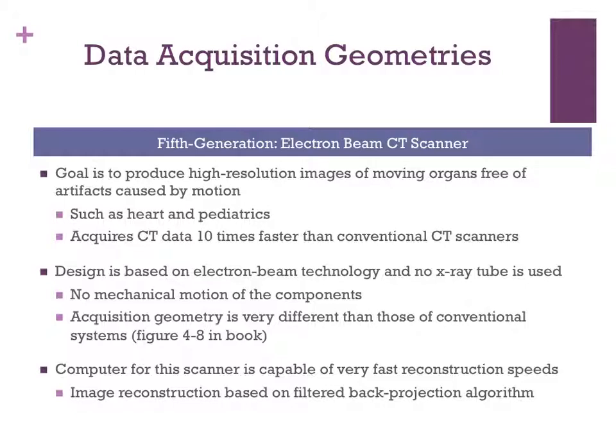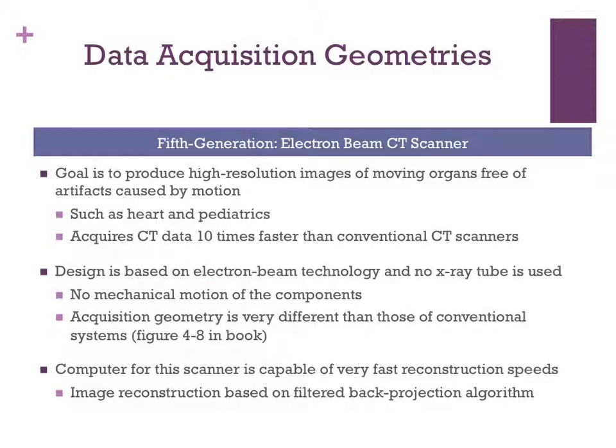This type of scanner actually acquires CT data 10 times faster than conventional CT scanners. The design is based on electron beam technology, and no X-ray tube is used, so there are no mechanical motions regarding the components, and the acquisition geometry is very different than those of regular systems. And take a look at figure 4.8 in your book.